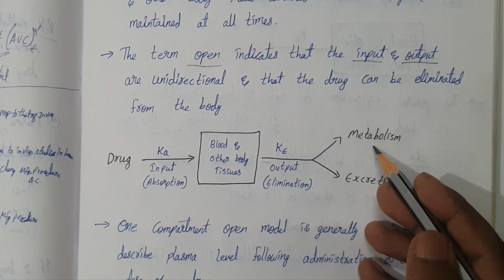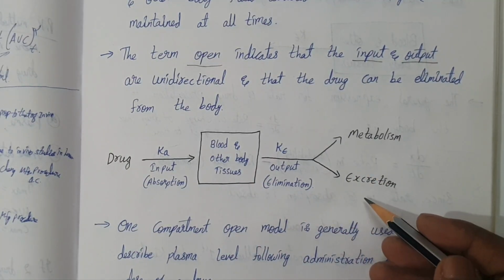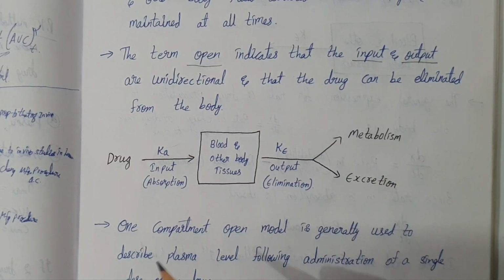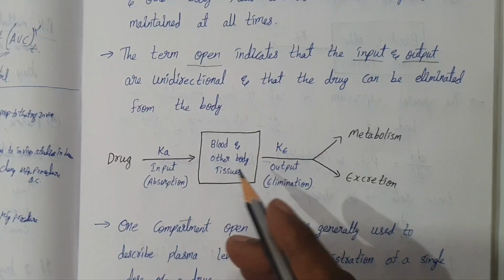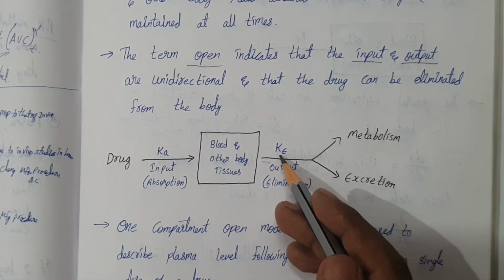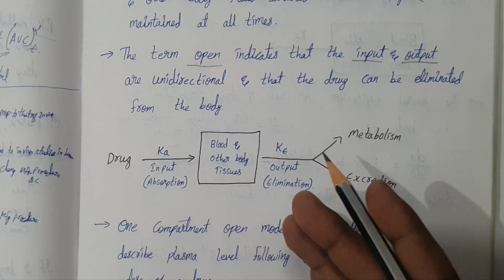Since IV bolus is injected directly, Ka is ignored and only Ke is considered. Ke is the elimination rate constant. We'll discuss IV bolus later.